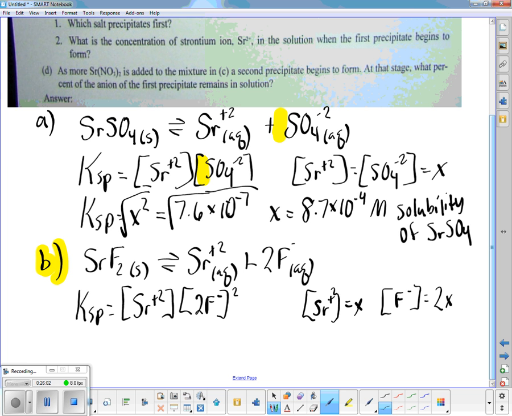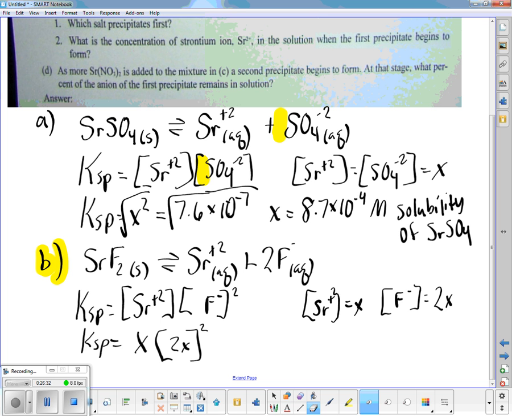Now I'm going to plug that back in for the fluorine and the strontium. I really wouldn't have written that 2 there; I did that to try and help us. So we're going to get X times 2X squared is going to equal KSP.